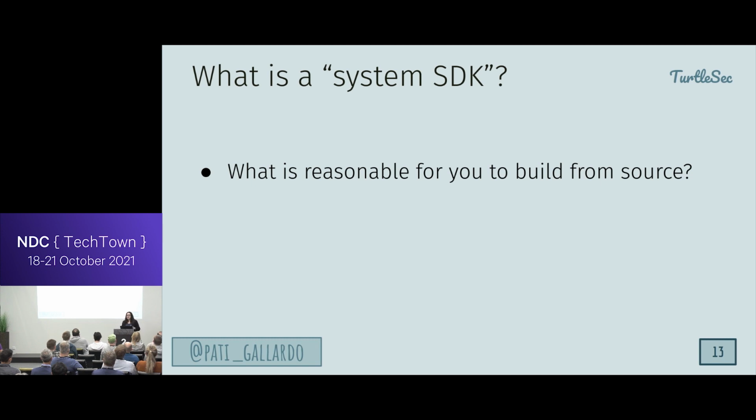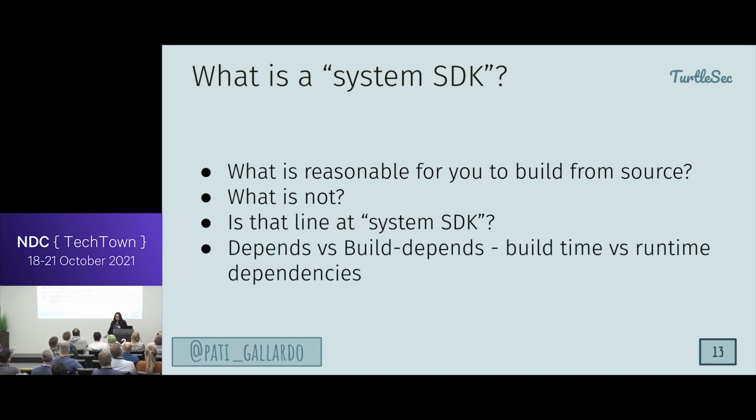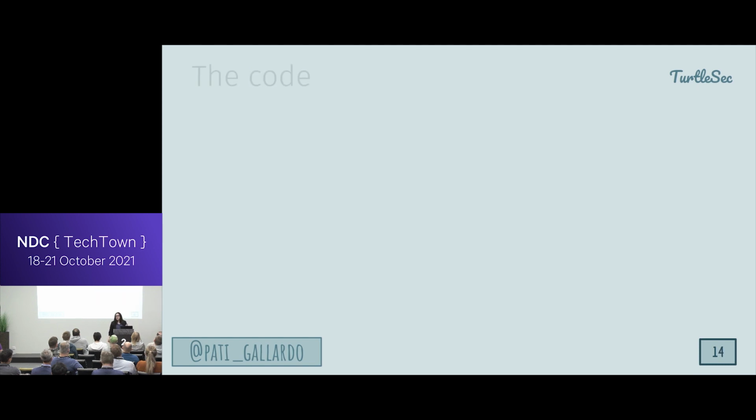What is it that you don't necessarily need to build from source, or you can just use as installed libraries? And what is that line? Maybe the line between package management and dependency management is some kind of fuzzy line of a system SDK. And maybe the line is between what you need to build and what you need at runtime, what you need to ship.